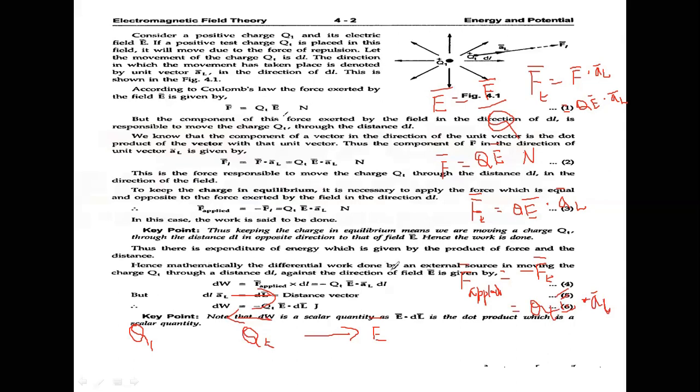Mathematically, the differential work done by an external source in moving the charge Qt through a distance dl against the direction of the electric field is given by dW, the differential work done, is equal to the applied force cross product of the dl, in the opposite direction.